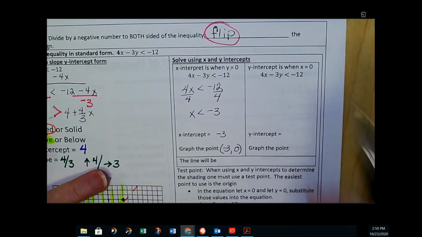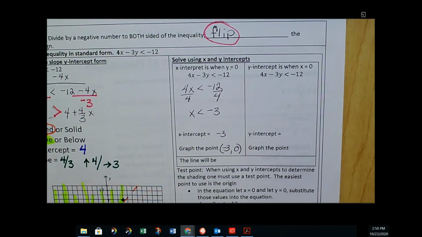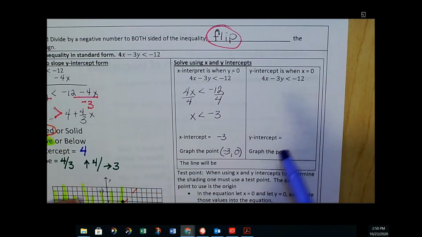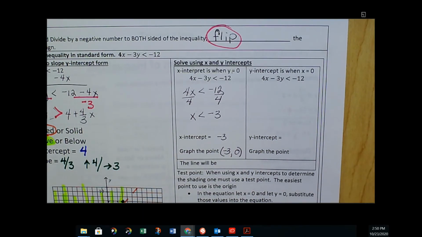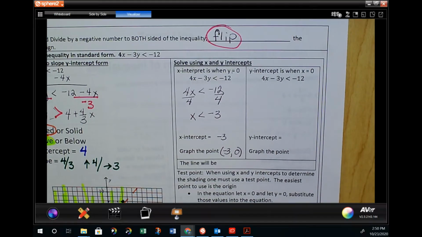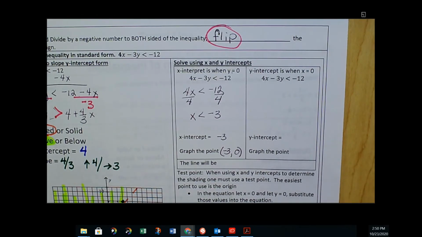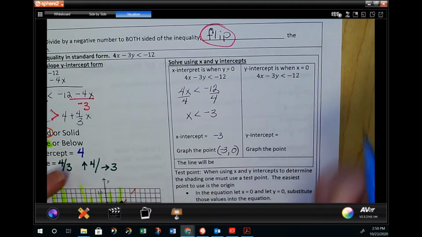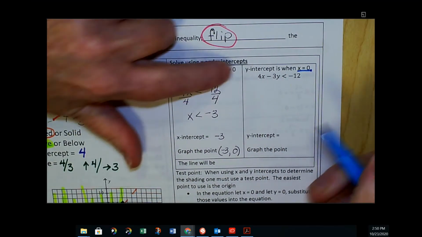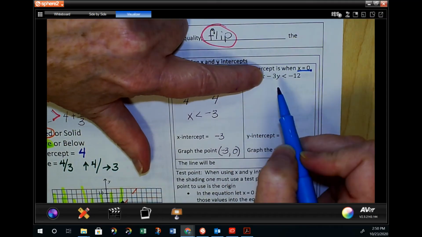So then this one right here says, okay, we're going to do this, except we're going to find our Y-intercept. Whoops, wrong type of pen. So now when we find our Y-intercept, that's when X is 0. So I don't really need 4 times 0.